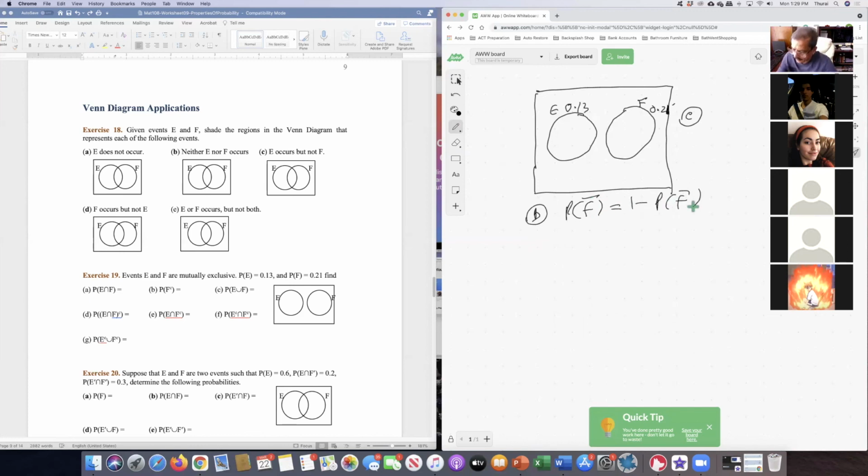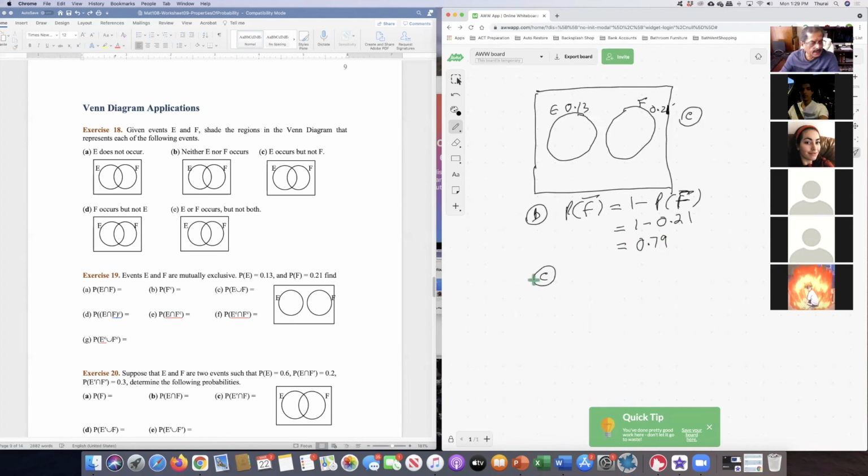The two probabilities have to add up to 1. 1 minus 0.21 is 0.79. So that's the answer for part B.